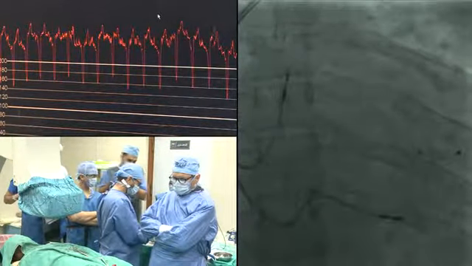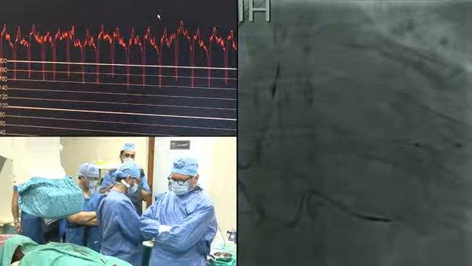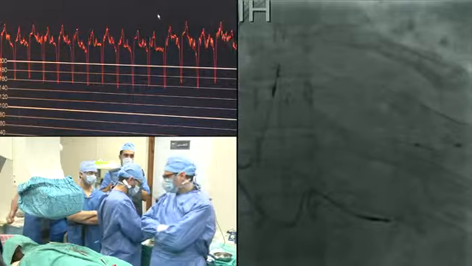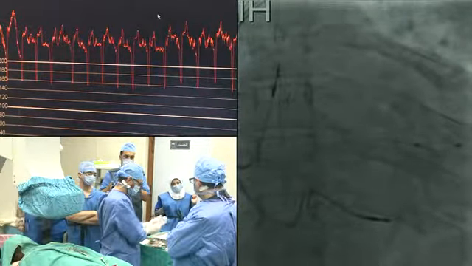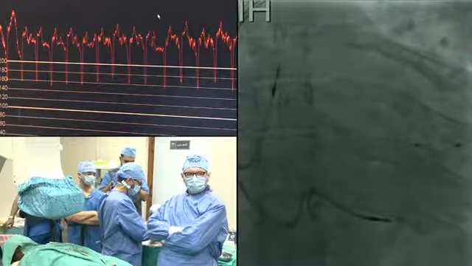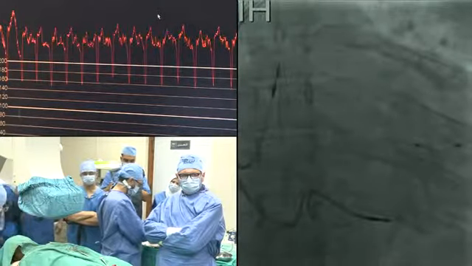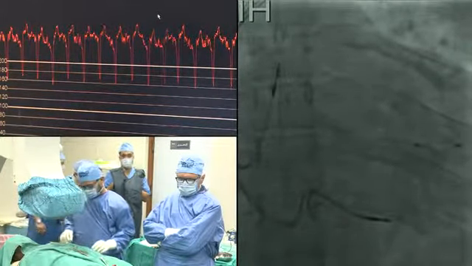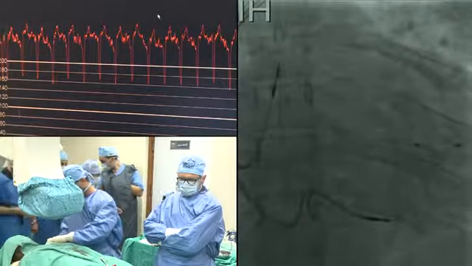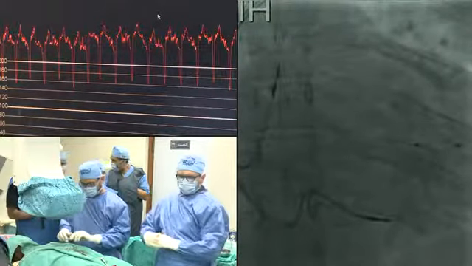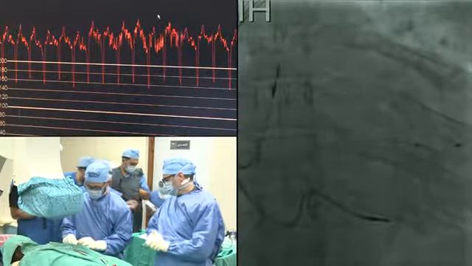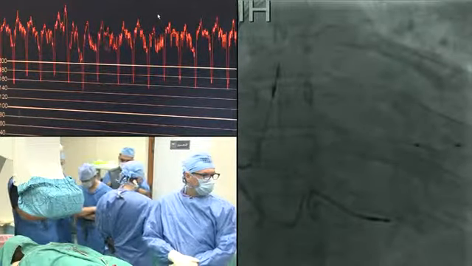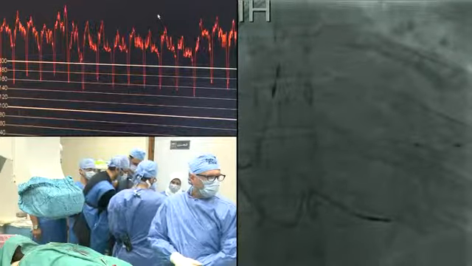Okay, we are going now to implant the battery.